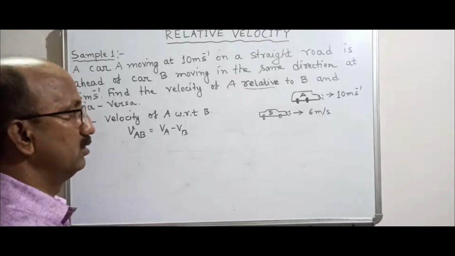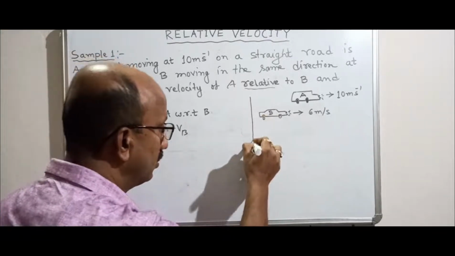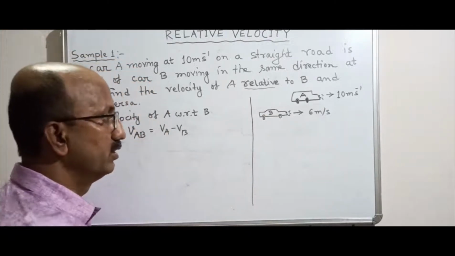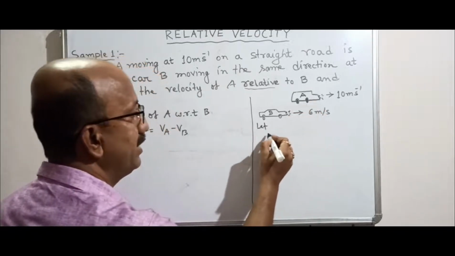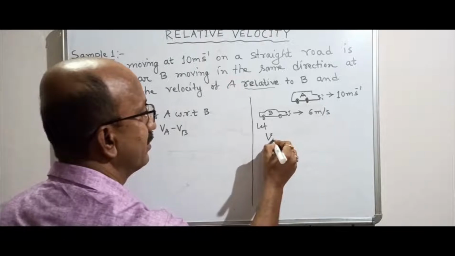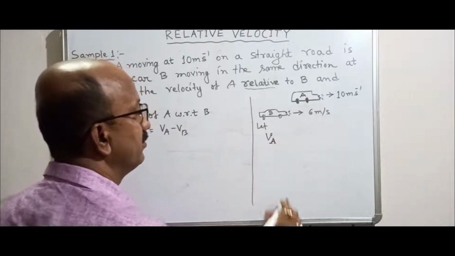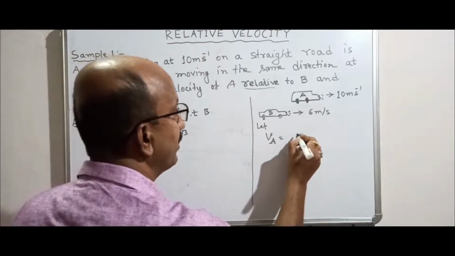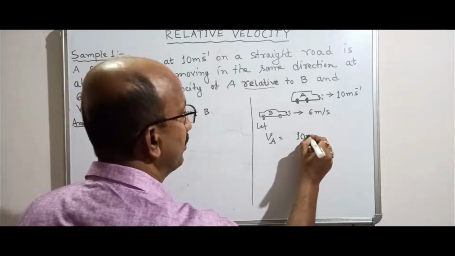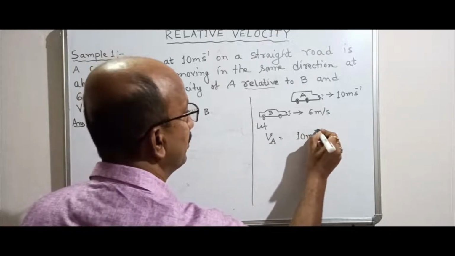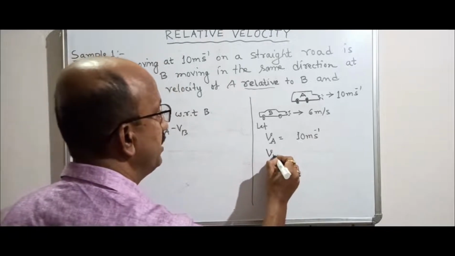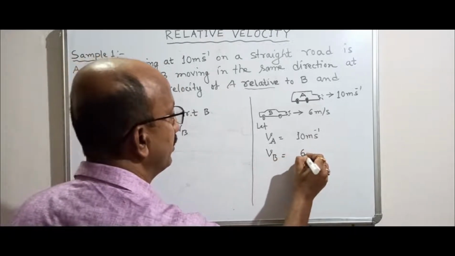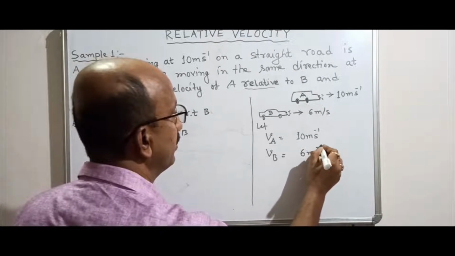Now the rule is, we will assume that body A, car A, velocity is VA. So VA is 10 meter per second and VB is 6 meter per second.